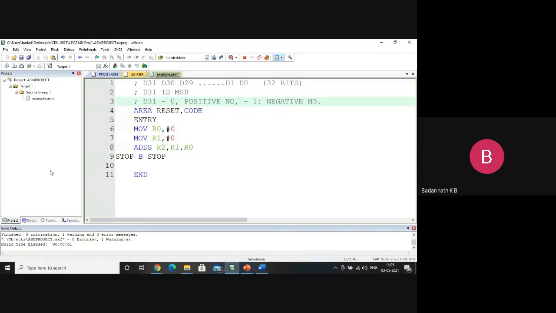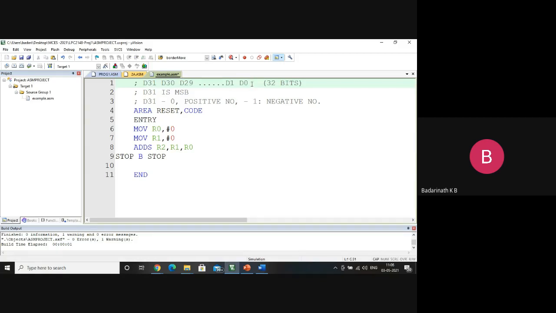So whenever we use a 32-bit number to represent signed numbers, see, if you are using the complete 32 bits to represent only the magnitude, then the whole of D0 to D31, the range of the number is 0 to 2 to the power of 32 minus 1. That is the range represented by this number, because you use the whole number to represent only the magnitude.